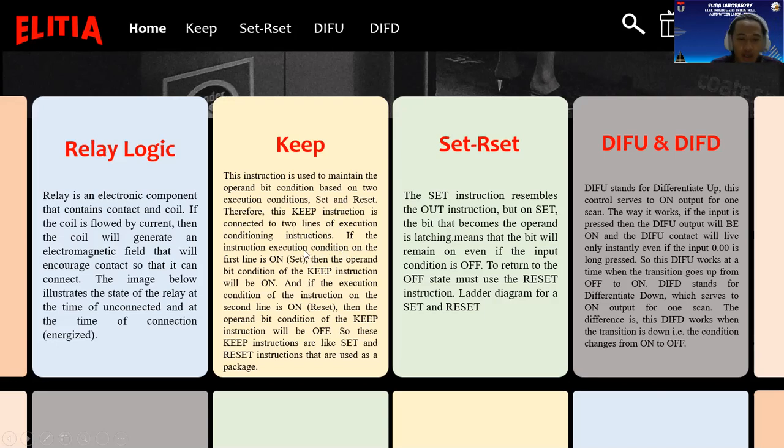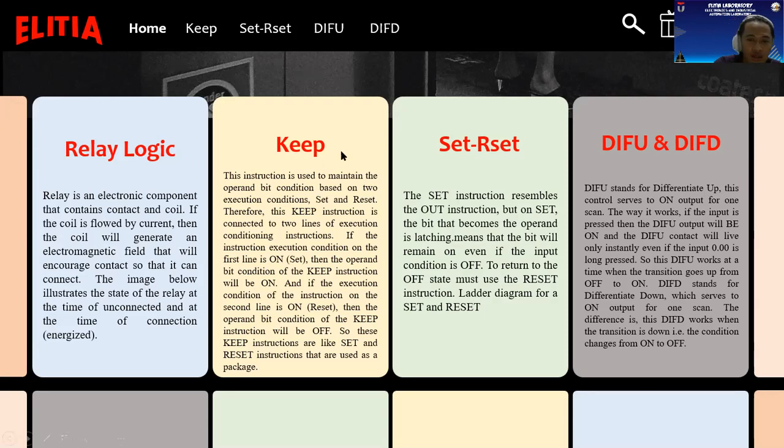If the instruction execution condition on the first line is on set, then the operand bit condition of the keep instruction will be on, and if the execution condition of the instruction on the second line is on reset, then the operand bit condition of the keep instruction will be off. So this keep instruction is like set and reset instruction, as a package. It's like one package, then set and reset.